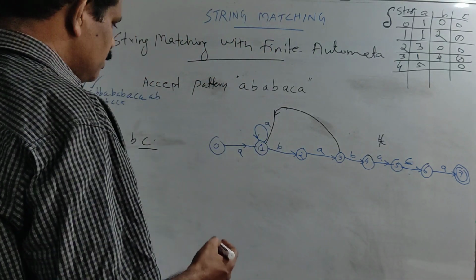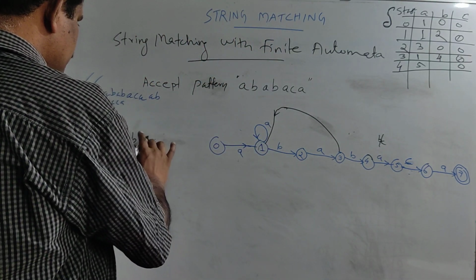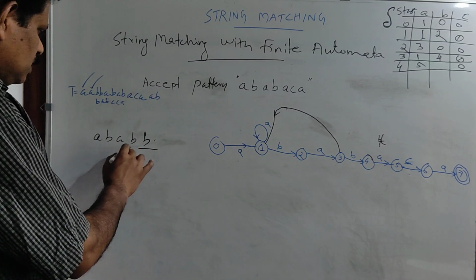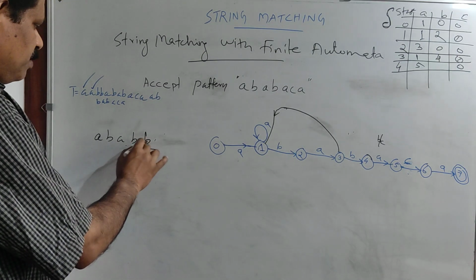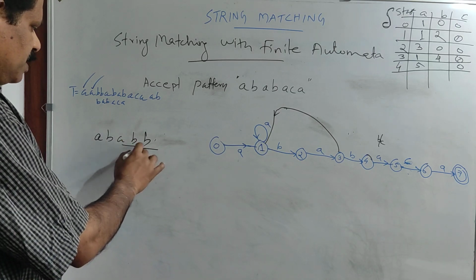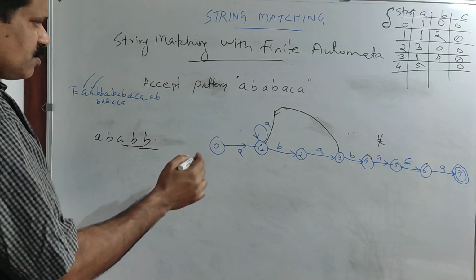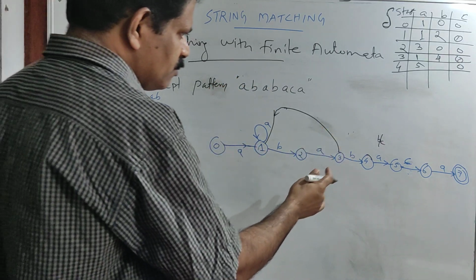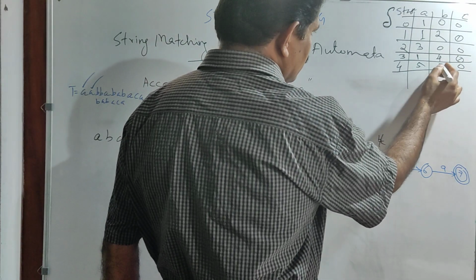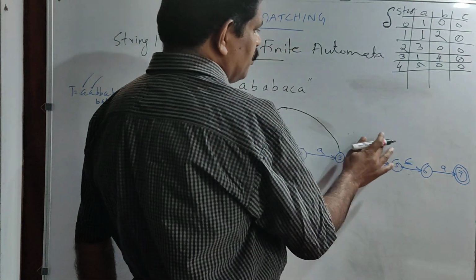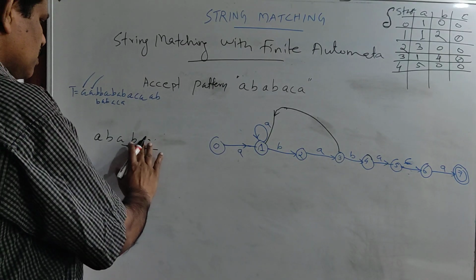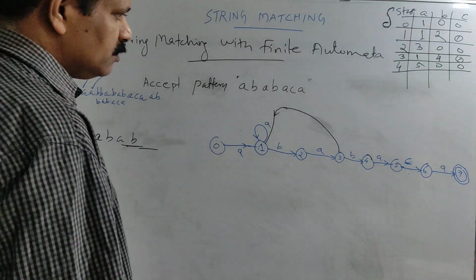On getting a B, suppose a B is coming in. A B B and B B, there is no chance to form A B A C. So it has to come back to the initial state. It has to start from the beginning.